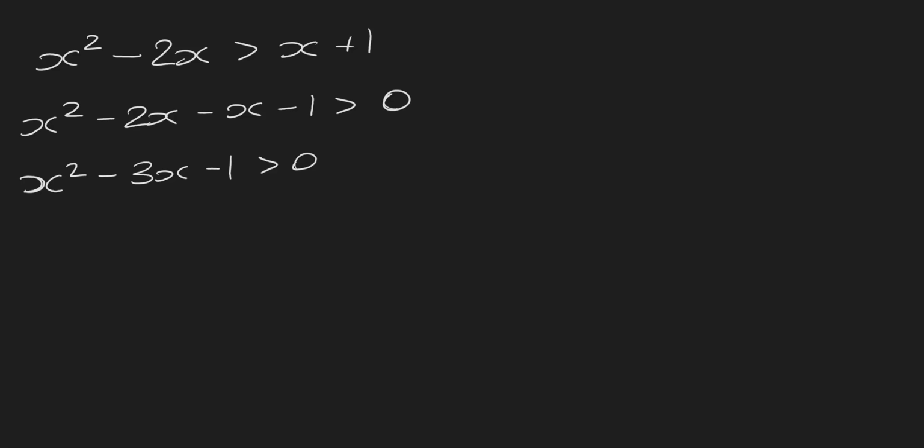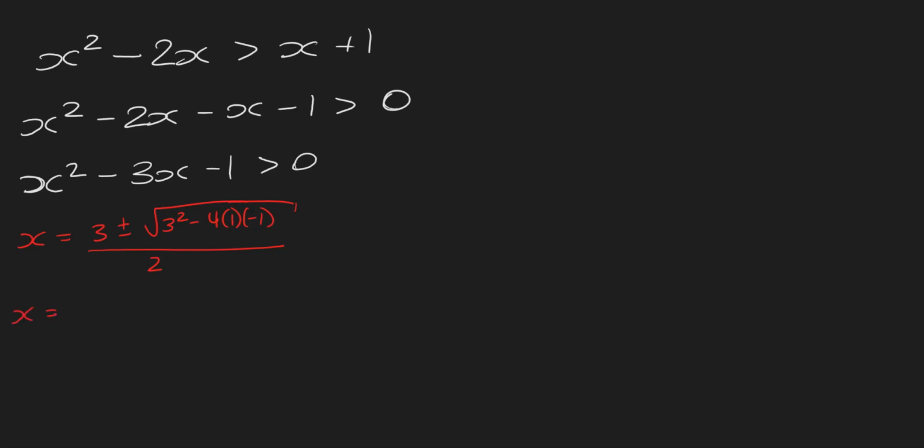And now we want to find what the roots are. So for the roots, we may use the quadratic formula. I'll do it in a different color. I'll skip through the steps real quickly. So it'll be 3 plus or minus the square root of 3 squared minus 4 times 1 times negative 1, over 2.